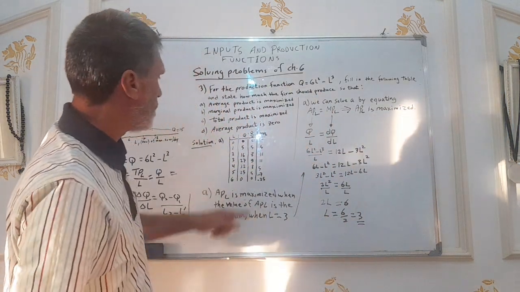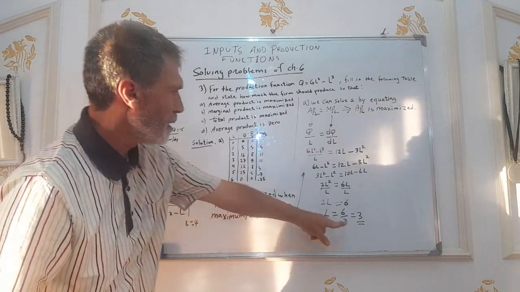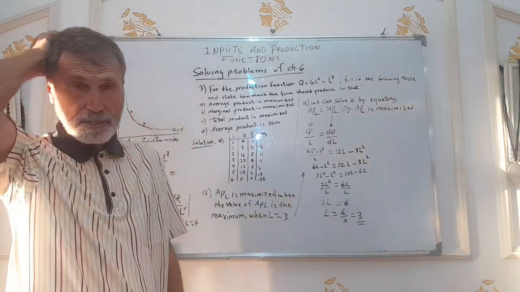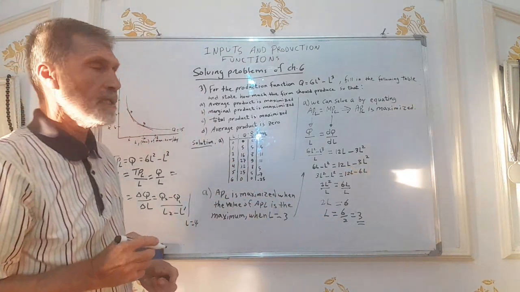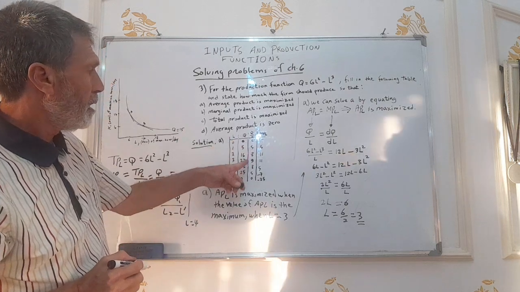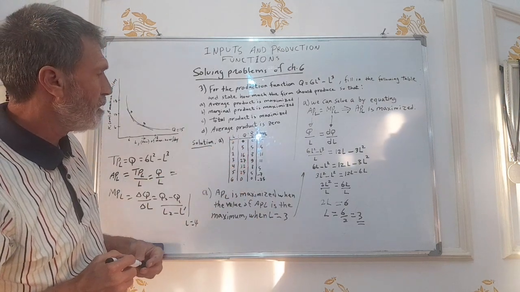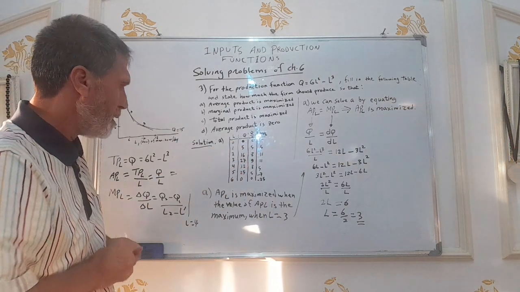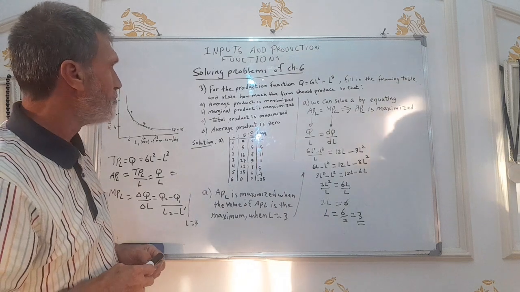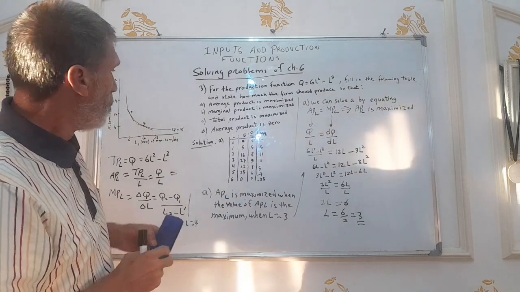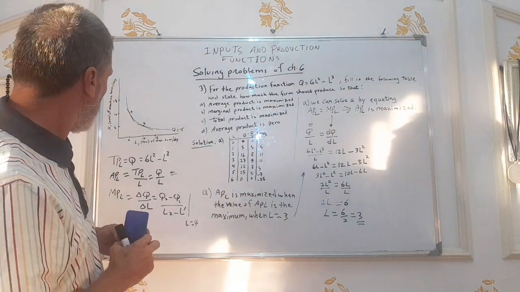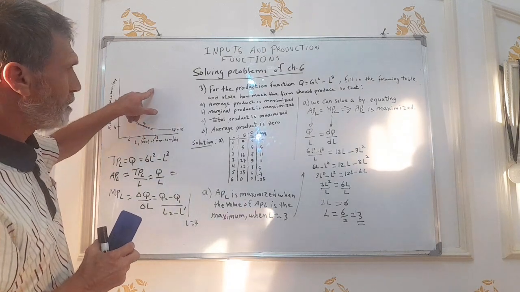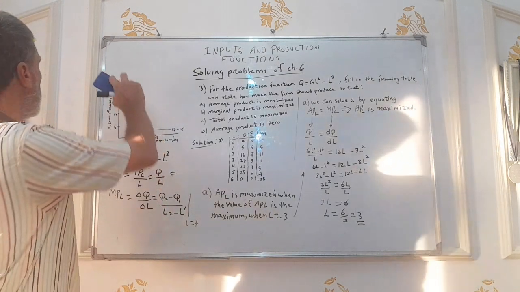And the same thing we get over here, 3. So we can use either calculus or the usual way that we did from looking at the values of the table. Now, let's do the other part of the questions. There is this one over here.